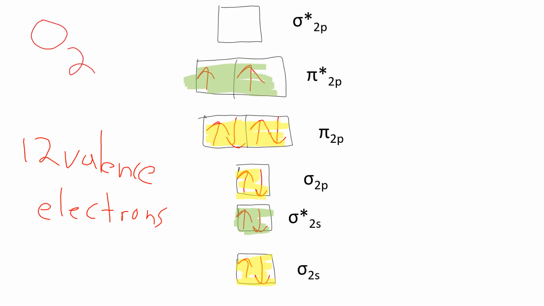Remember, anytime you have that starred orbital, that's telling you it's an anti-bonding orbital. So for our bond order, 8 bonding electrons minus 4 anti-bonding electrons. 8 minus 4 is 4. 4 divided by 2 is 2. So the bond order for O2 would be 2.